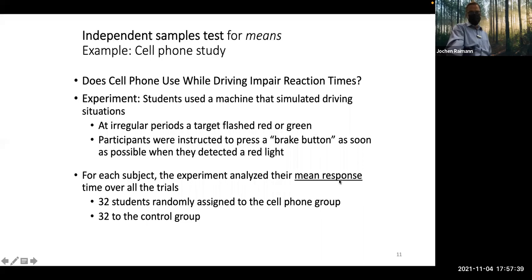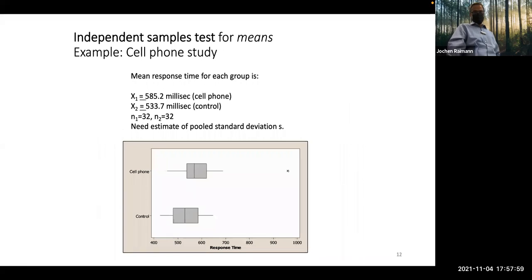So the experiment analyzed mean response. 32 students were randomly assigned to the cell phone group, 32 to the control group. What kind of test would that be? This is unpaired, exactly. So now we have cell phone use and no cell phone use: the cell phone group and the control group.